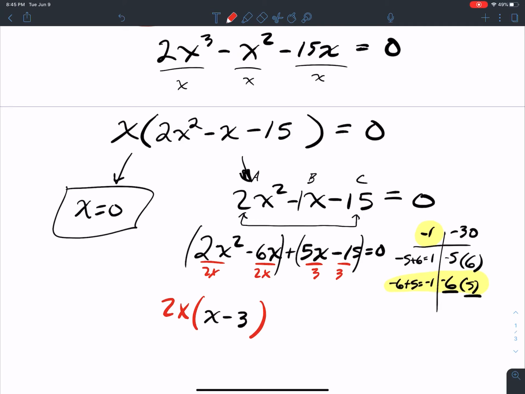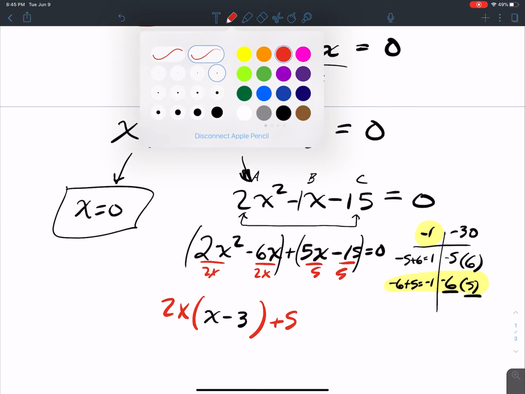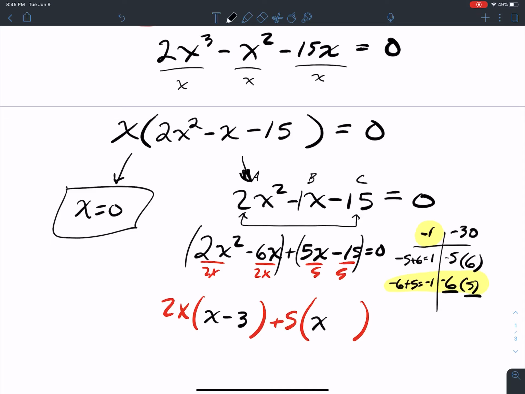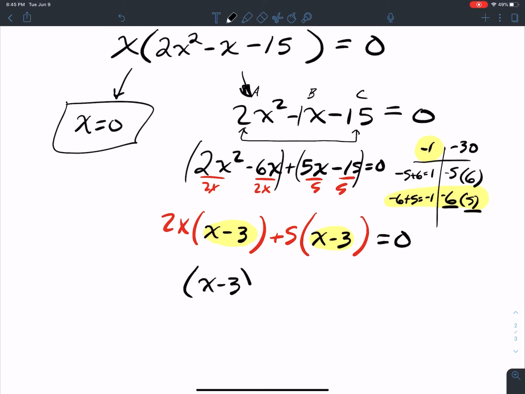I'm going to factor 5 out, so plus 5 comes out, and I'm going to have x minus 3 inside. So now I have x minus 3 in both of those. I'm going to factor x minus 3 out, and then I'll have the 2x plus 5 remaining.